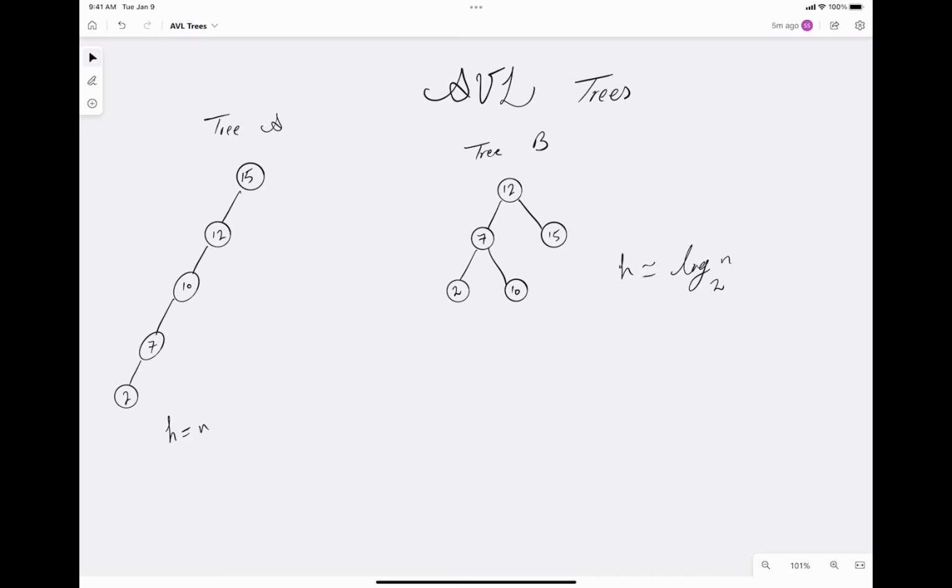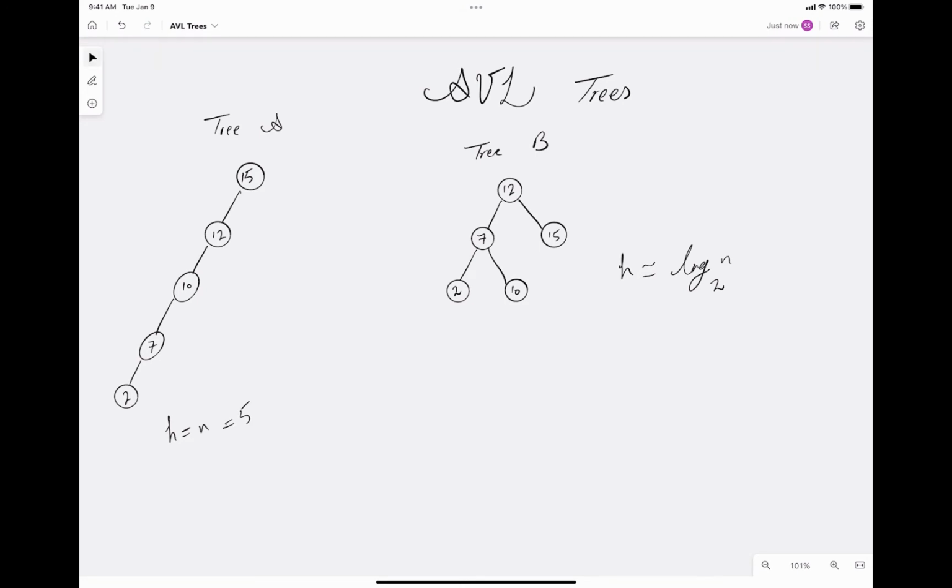If you look at tree A, if we want to find the node 2, which is the very last node of the tree, at the very bottom, we need to do exactly n search operations, where n is the number of nodes. In this example, both tree A and tree B have 5 nodes, so n is equal to 5.